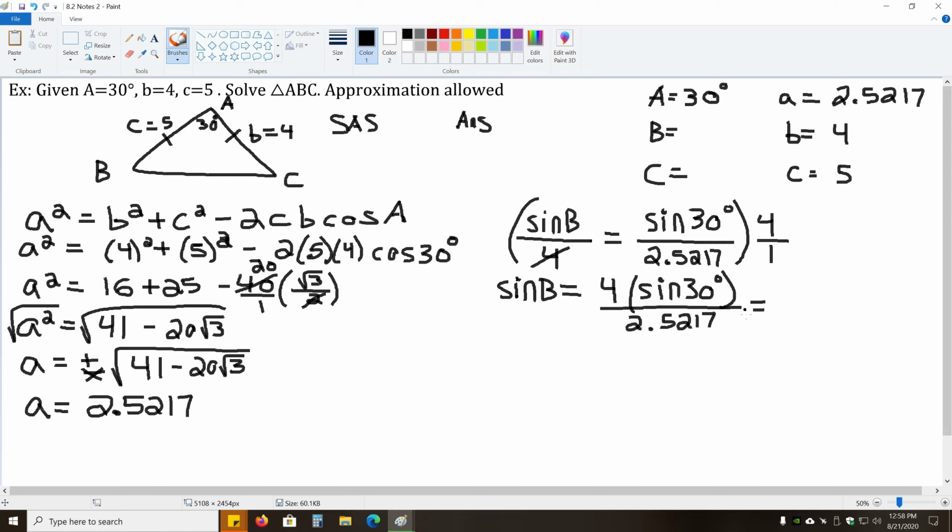And we can simplify sine of 30 to just 1/2. So 4 times 1/2 over 2.5217. And at this point, you could simplify 4 times 1/2 is just 2. So we have 2 over 2.5217 equals sine of B. I'll just go ahead and write that off to the side here.